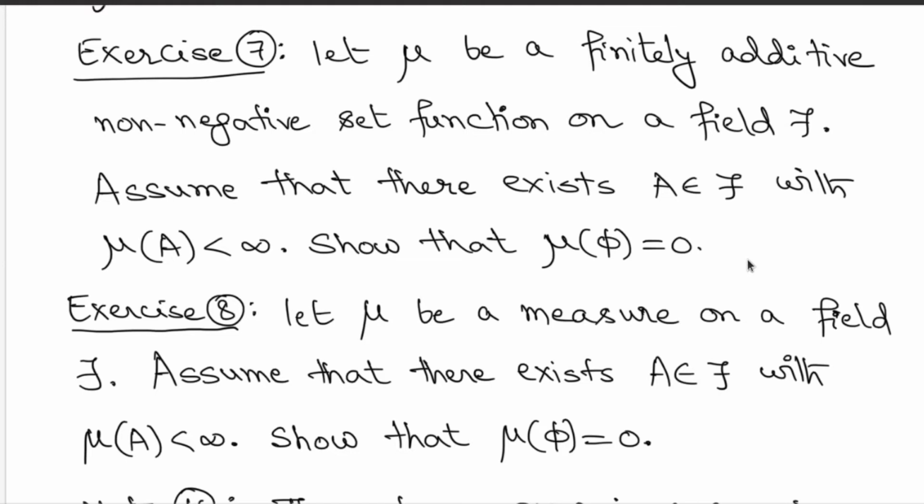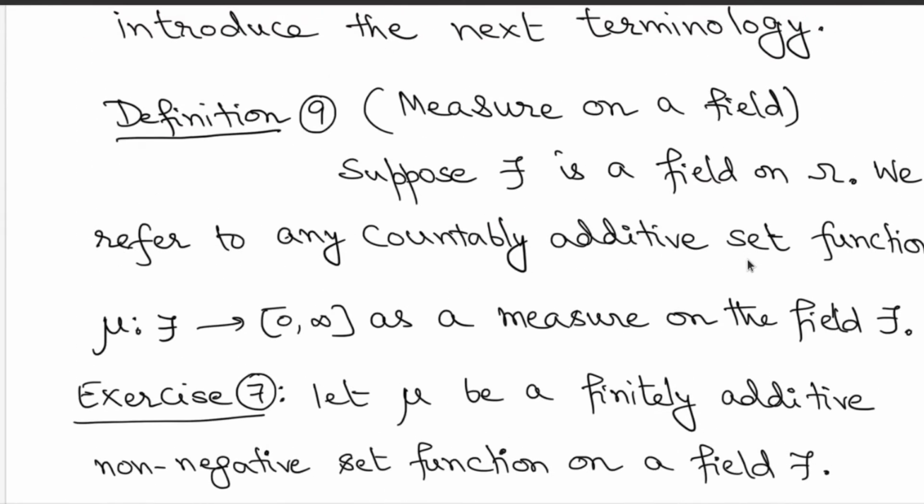Remember, in your definition of a measure on a field, the example where you associate infinite mass to all the sets is still valid. If you want to get rid of that, you need to assume that there exists at least one set which has finite mass. This discussion was done for measures on sigma fields, and we are now making a similar discussion for measures on fields.